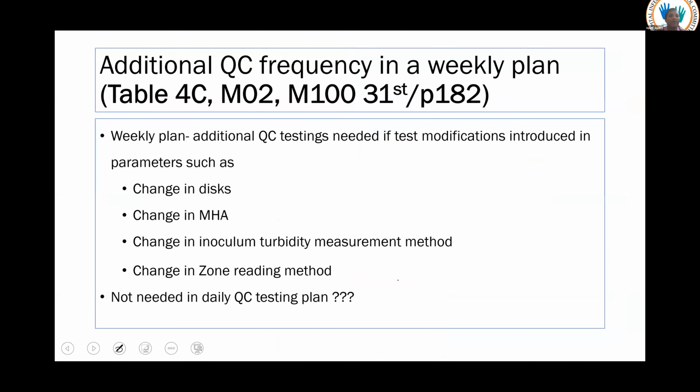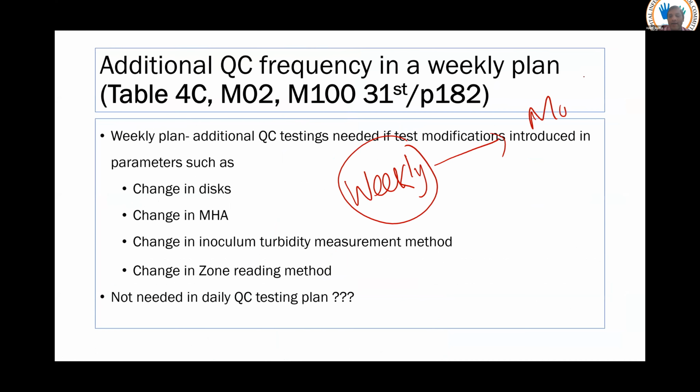Okay. So apart from that, there are some situations where additional QC testing is recommended. In a weekly plan, you have to do QC once in a week. Like you fix a date that every Monday you want to run the QC.